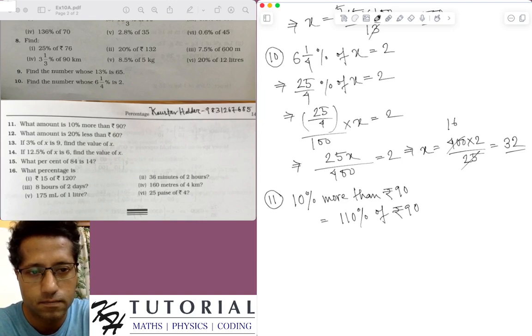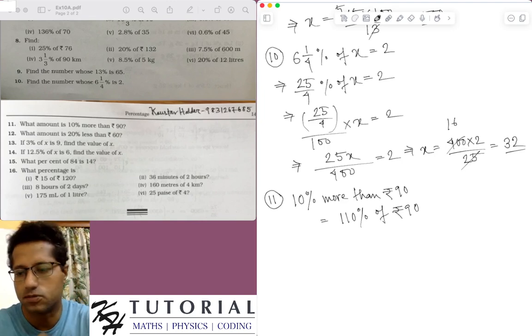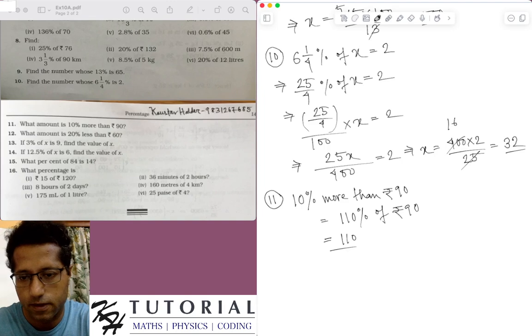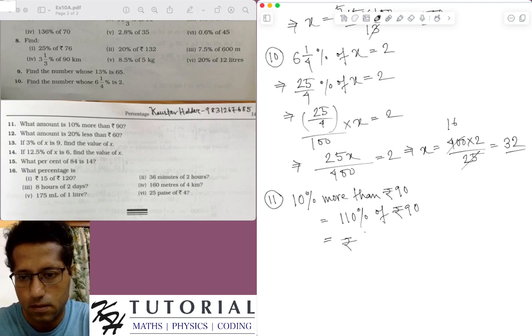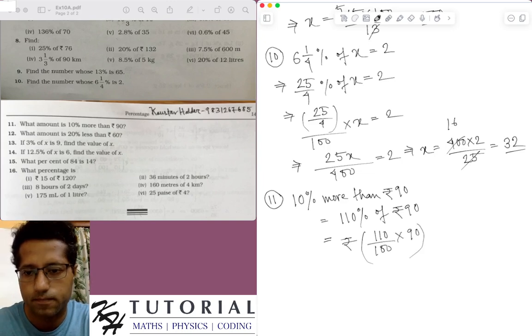So we have to find 110% of rupees 90. This is nothing but rupees 110 divided by 100 into 90.